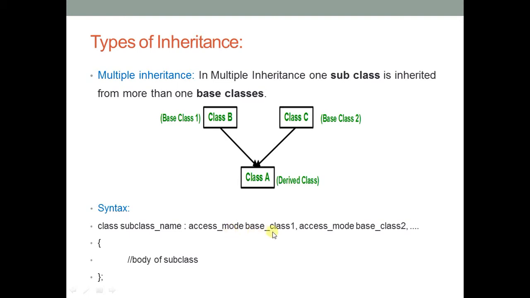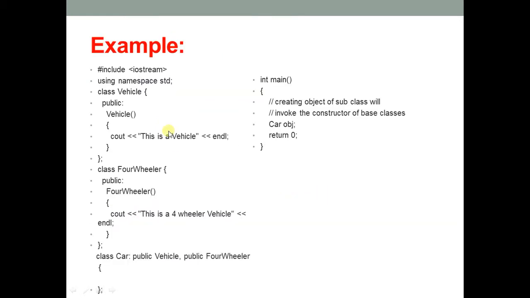If you have 10 base classes, we have to write them separated by commas: base class 1, base class 2, base class 3, like that. This body is for the derived class. As you can see in this diagram also, class B and class C are base class 1 and base class 2, and this is the derived class. This is the example of multiple inheritance.